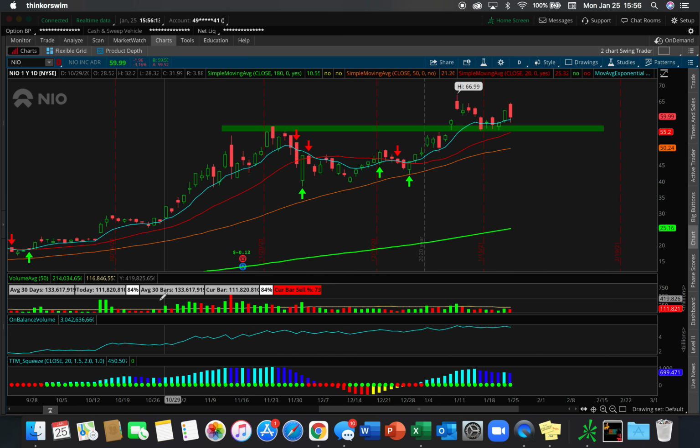Now you have my volume at the bottom, green meaning that we closed green, so a green candlestick, red meaning we closed red that day. Well, I'm on the daily chart, so it means that day. This down here is called the on balance volume.